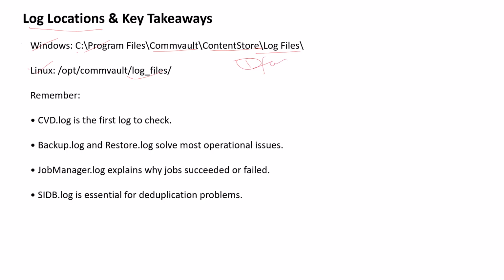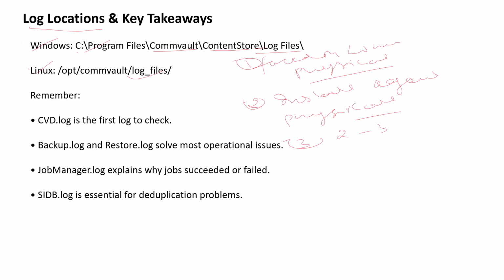I faced an issue on a Linux physical machine. This is a real example for you. I installed the agent on a physical machine, but on the second or third day I faced a space crunch issue.